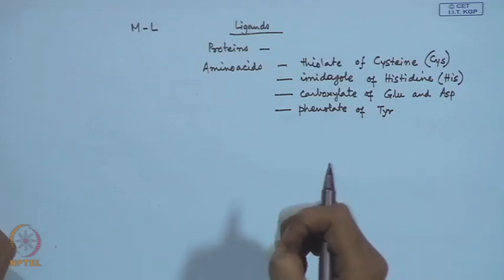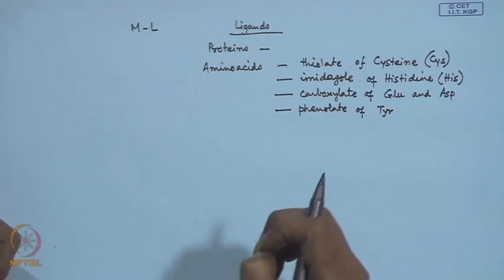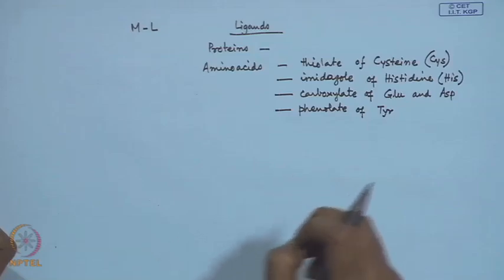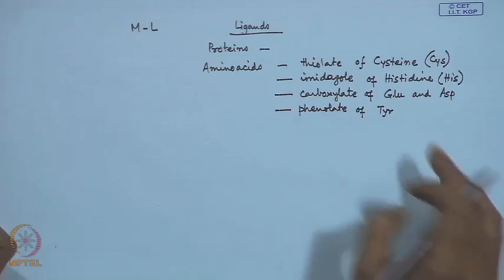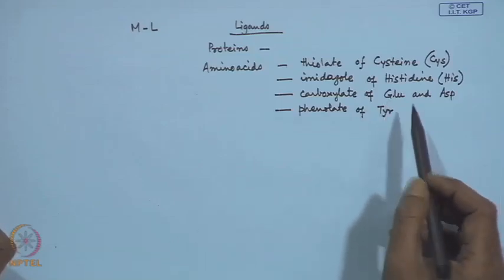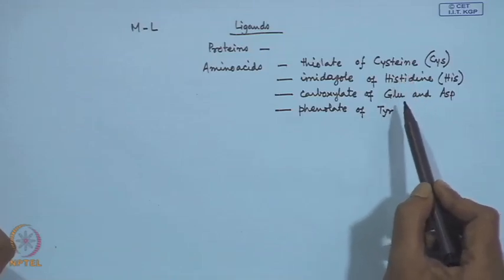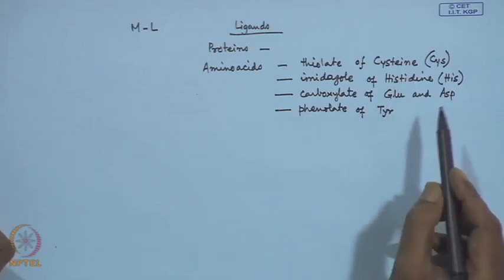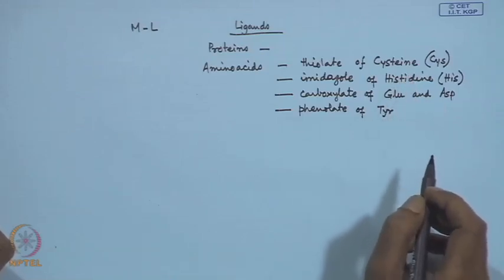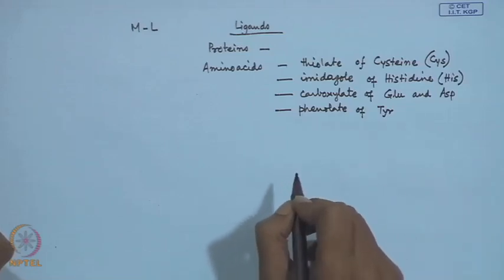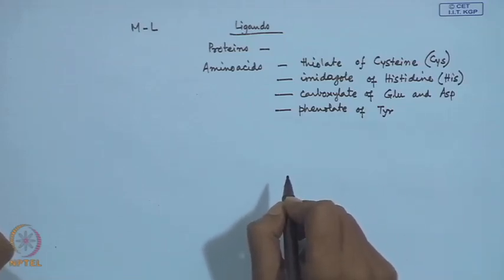So, depending upon the structure, suppose you have the corresponding primary structure, secondary structure or tertiary structure of the protein, you can have some useful donor groups available from sulfur, nitrogen, oxygen of the carboxylate group and the tyrosine from the phenolate unit. Those are available for binding the metal center.